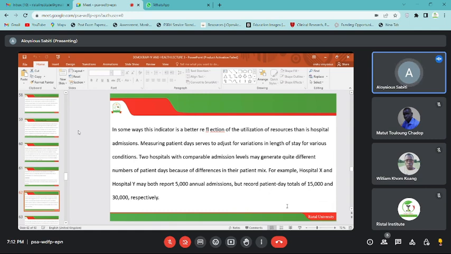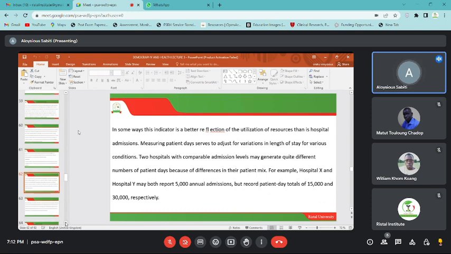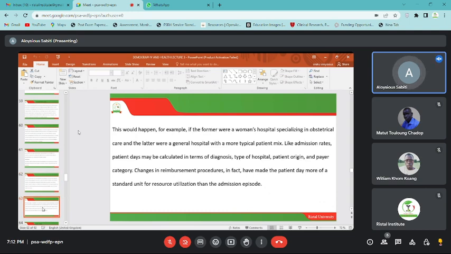Hospital X may say their 5,000 patients spent 15,000 days, and Hospital Y would say that their 5,000 clients spent 30,000 days. This could happen, for example, if the former were a woman's hospital.